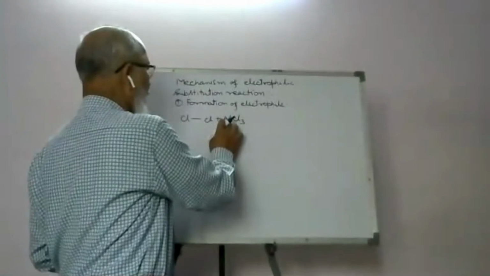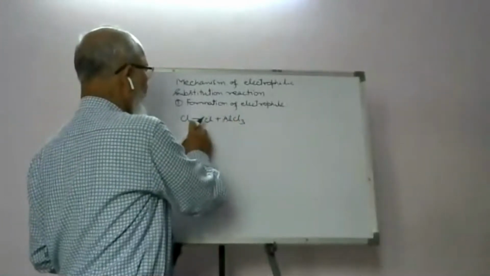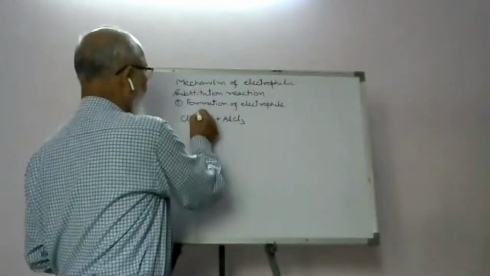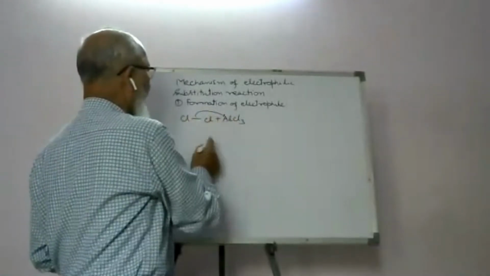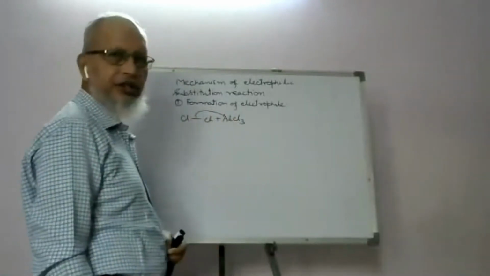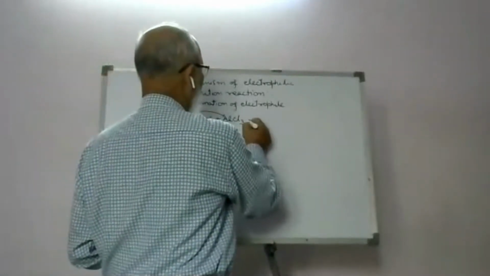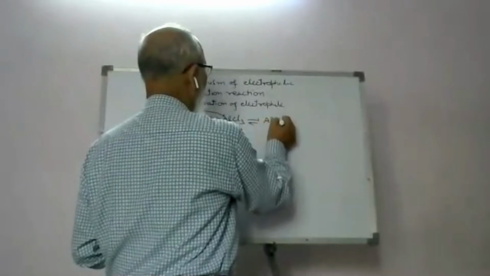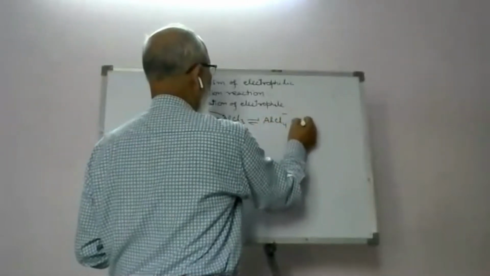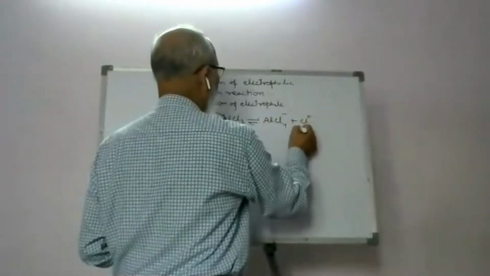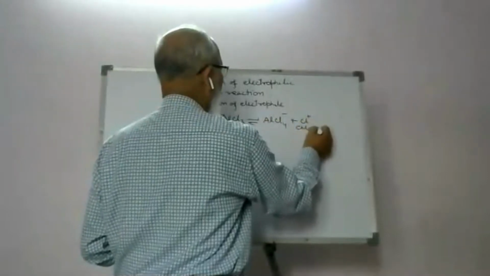So on account of its electron deficient nature, this bond gets polarized, and the pair of electrons forming the Cl-Cl bond is shifted onto the aluminum atom, resulting in the formation of AlCl4 minus plus Cl plus. This is called chloronium ion.